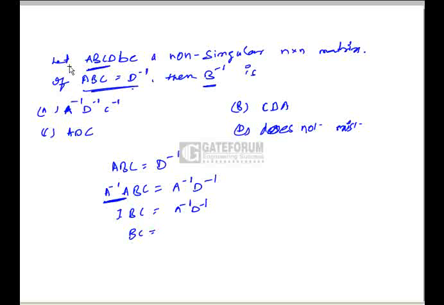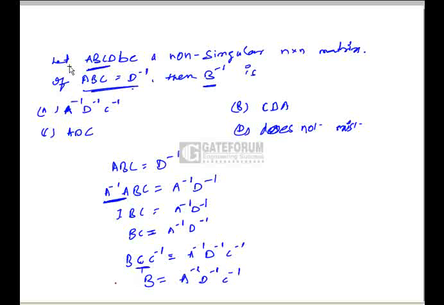BC is equal to A inverse into D inverse. And if we multiply C inverse on both sides, we'll get B into C inverse equal to A inverse D inverse into C inverse. So C into C inverse is nothing but I. So B into I is nothing but B. So B will be A inverse D inverse C inverse.